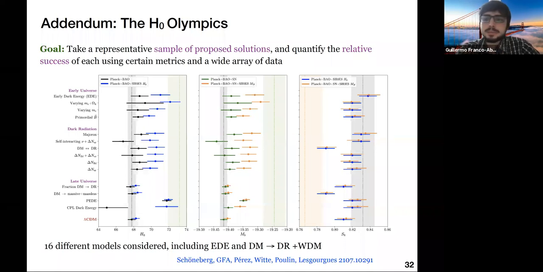We tested all of these models against a wide compilation of data, and we used certain criteria in order to compare the success of these different models. I don't have time to talk about this, but this project was led by Niels, who is now a postdoc in Barcelona. If you have some questions about this project, I'm sure he will be able to tell you more about it.